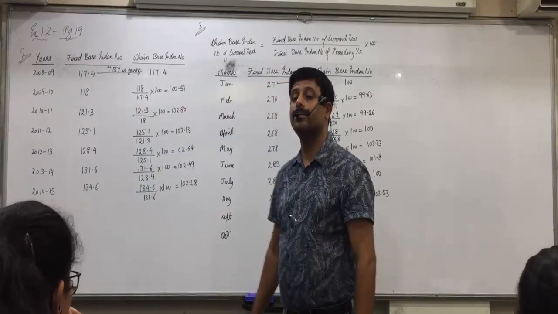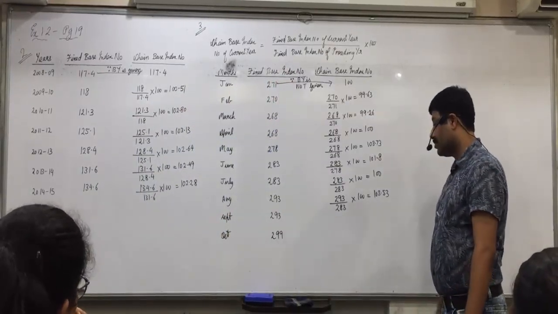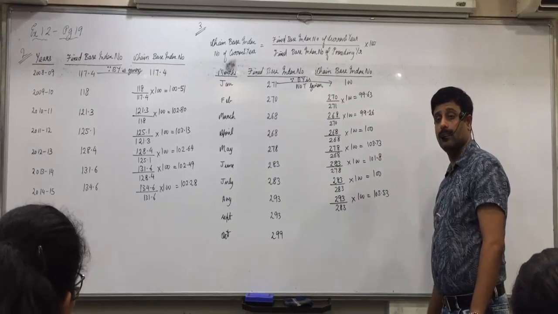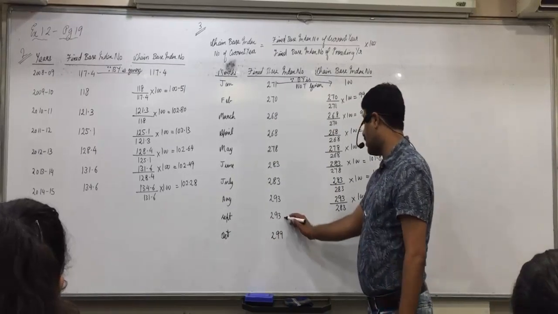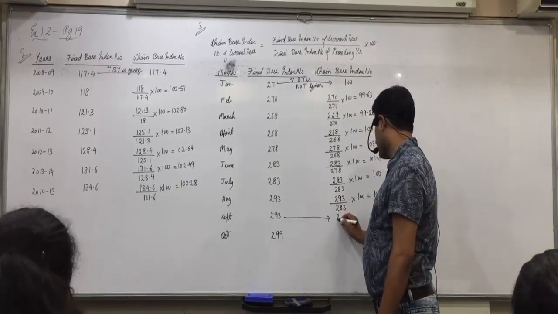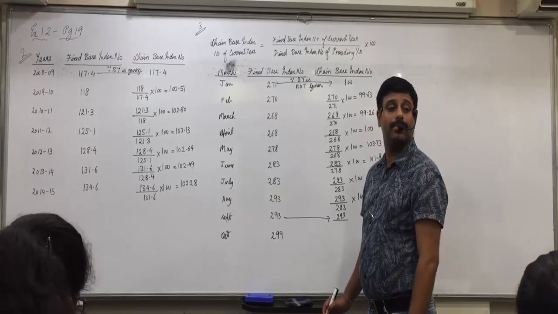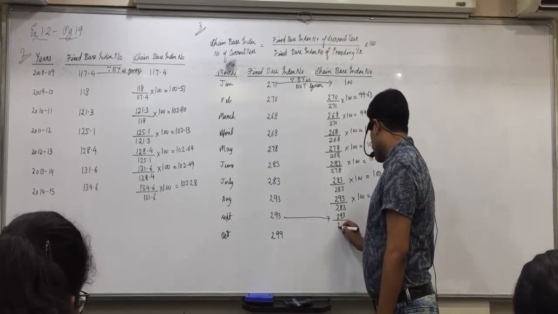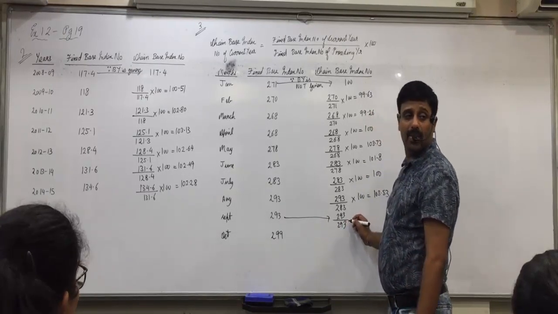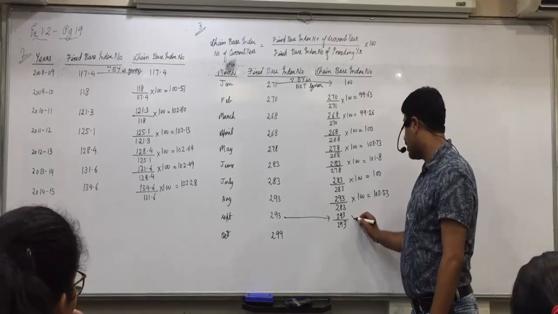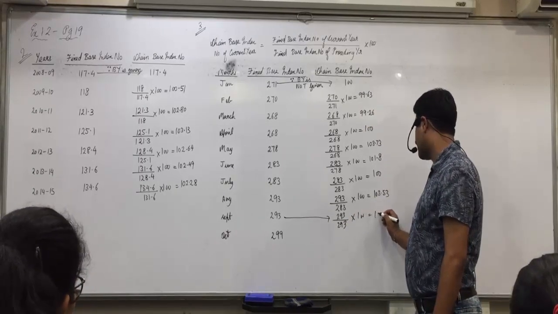Clean up. For September. Who's talking in between? 293 divided by 293 into 100, that is 100.